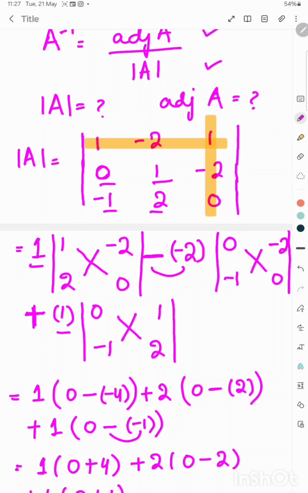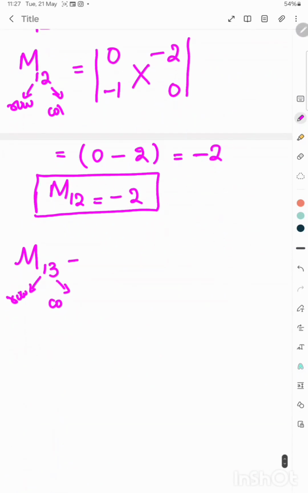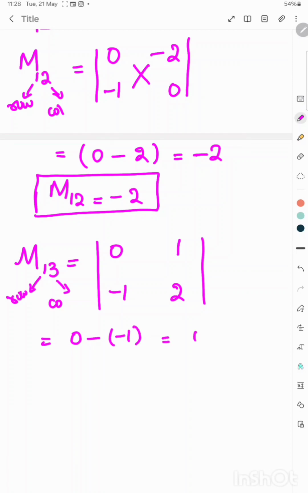I will write these numbers in M13 and cross multiply, putting the negative sign between them. So 0 multiplied by 2 is 0 and minus 1 multiplied by minus 1 is plus 1. So M13 is equal to plus 1.